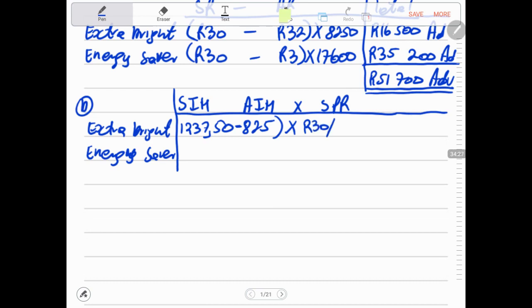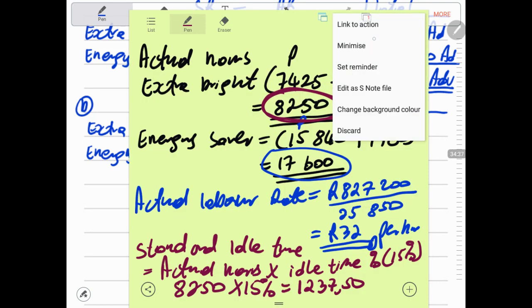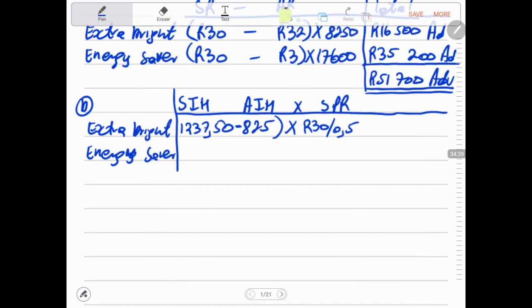divide that 30 rand by 85%, because we are looking only at the productive time when we do the idle variance. Looking at the productive time, we know that our employees were only productive 85% of the time because 15% was idle.